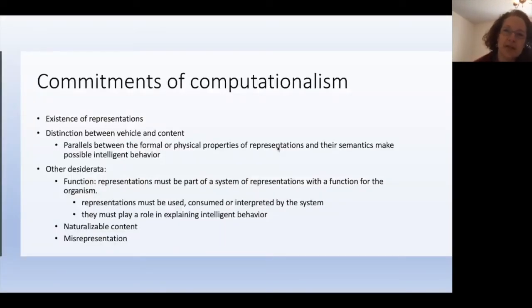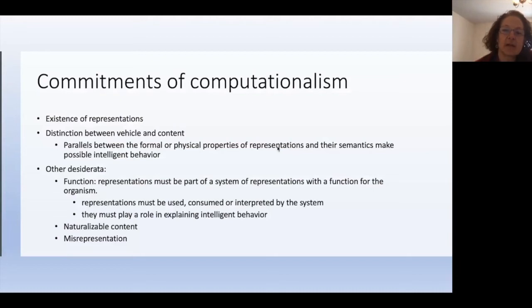And a computational explanation has certain kinds of commitments, at least classic computationalism. It's committed to the reality of representation. It's also committed to a distinction between vehicle and content.